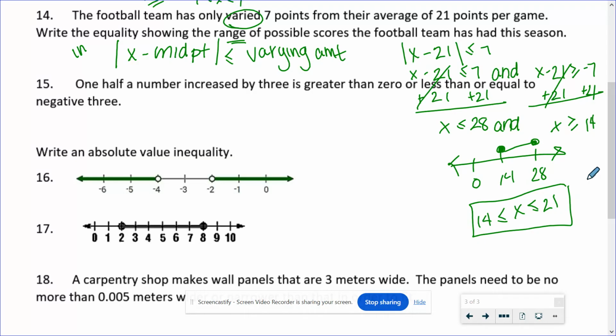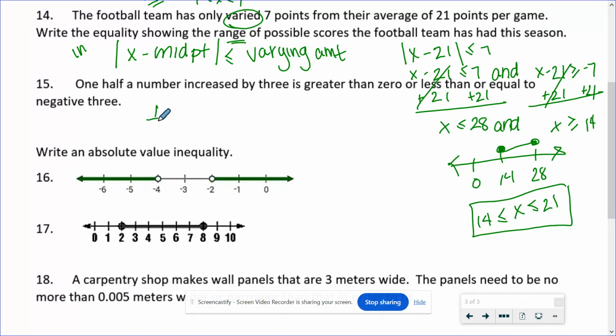Some of you may have just said, oh, I just subtracted 7 from 21 and then added the 7 to 21, and that's how you came up with your range, and that's absolutely fine because quite honestly, that is what I did here, but I'm showing you the rationale behind why it would become that inequality.